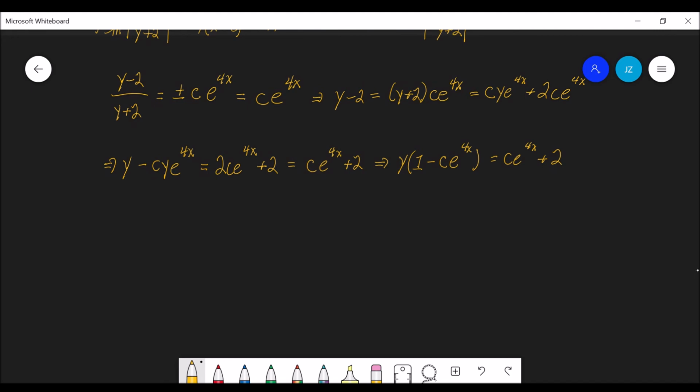I can now divide by that (1 minus c e to the 4x) to get y is equal to (c e to the 4x plus 2) all over (1 minus c e to the 4x).